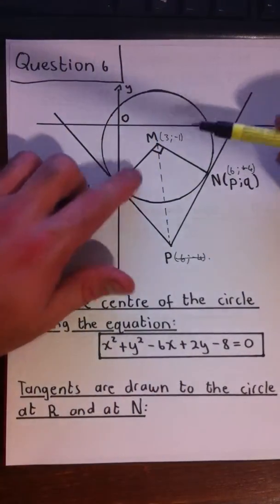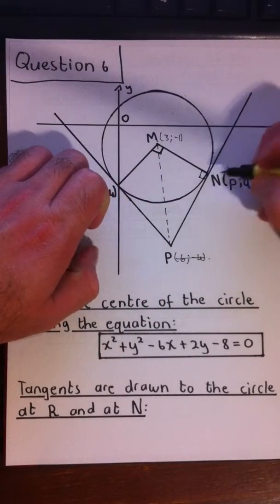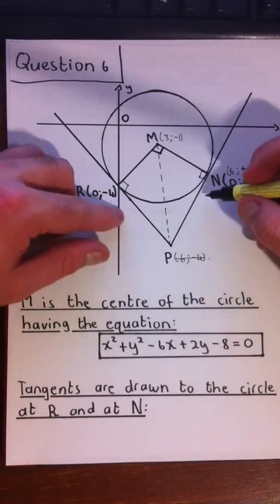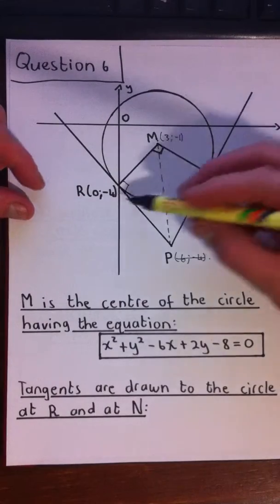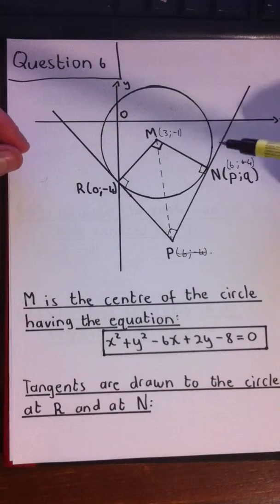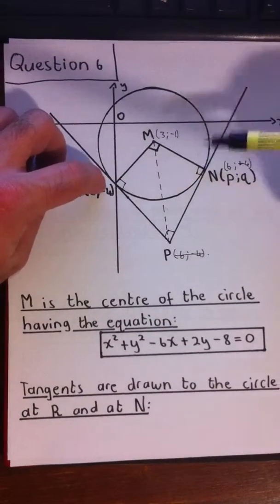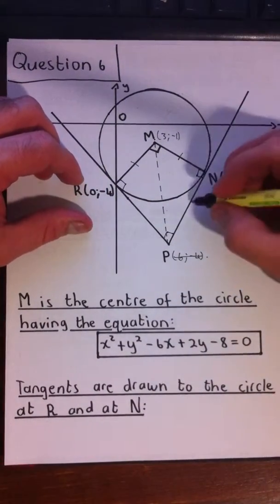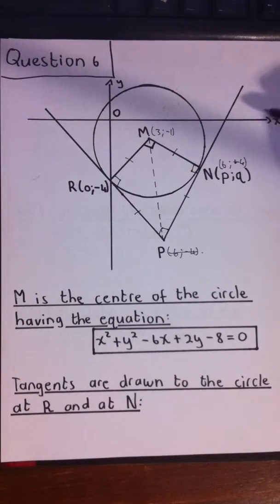Well, we know that this angle is 90 degrees. That's part of the properties of a tangent to a circle. This is also 90 degrees. And then we know the angles inside a quadrilateral must add up to 360. So we've got three 90s, we need one more 90. And so that'll tell us that this is a square because these two adjacent sides are equal. They're both the radii of a circle. So that means these two are also equal. That gives us a square.